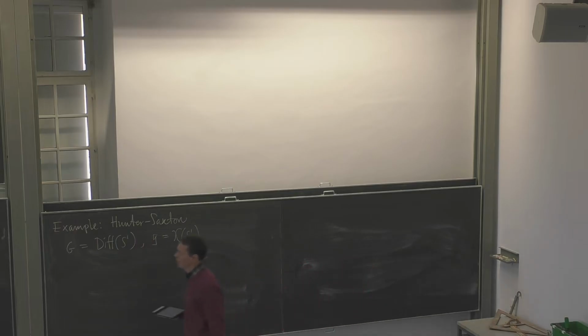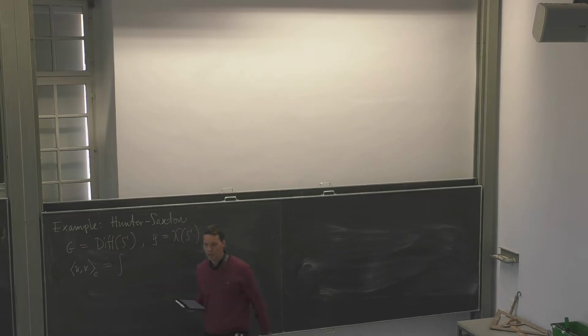And what else do we have to specify? We have to specify this inner product on the algebra. So given two vector fields u and v, I need to specify this inner product. What is it in this case? Well, here I'm using a little bit more structure.